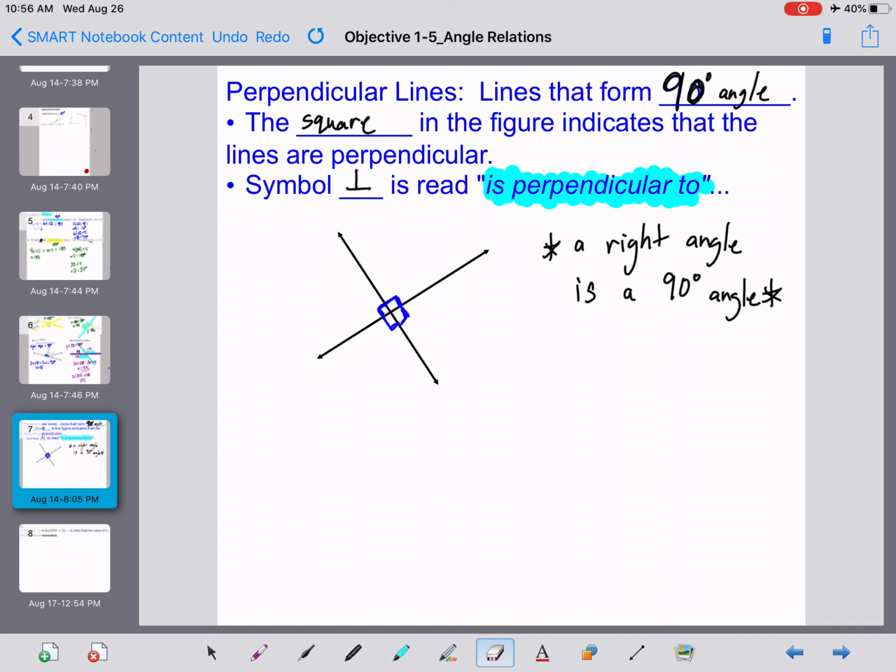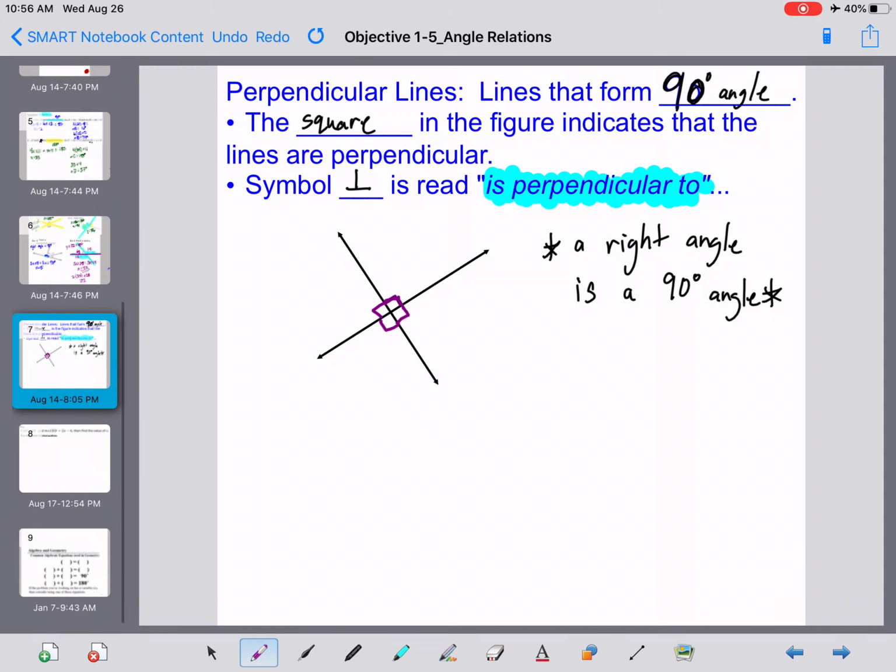And again, I just want to reiterate that if you've got a right angle, then all the way around you're going to have right angles. That should probably be some review from either Math 8 or Algebra 1.